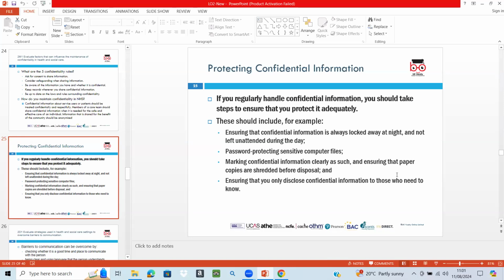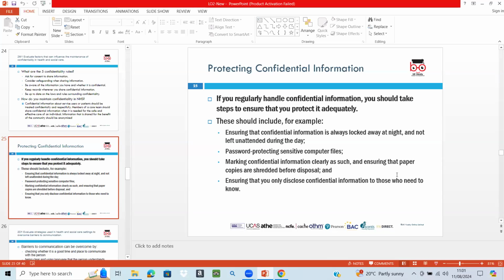For example, we have locking away confidential information. Physical records should always be stored securely, such as in locked cabinets, and not left unattended. As an example, a service user file should be locked away at the end of the day to prevent unauthorized access.